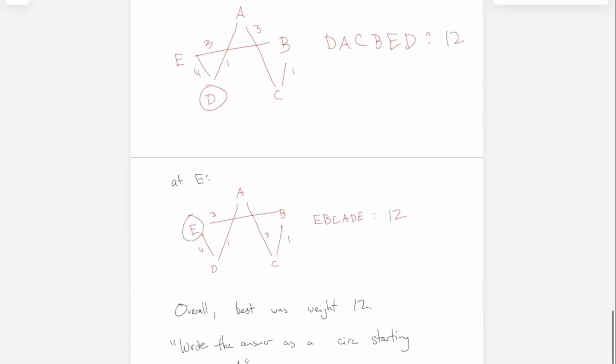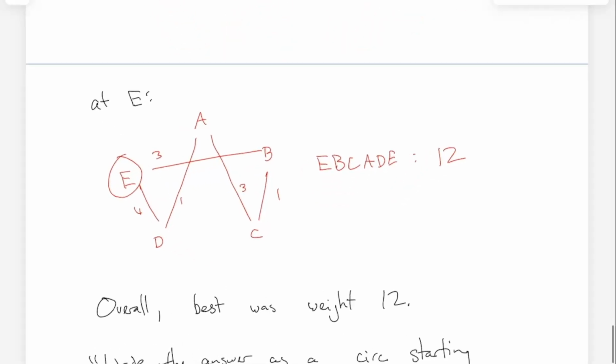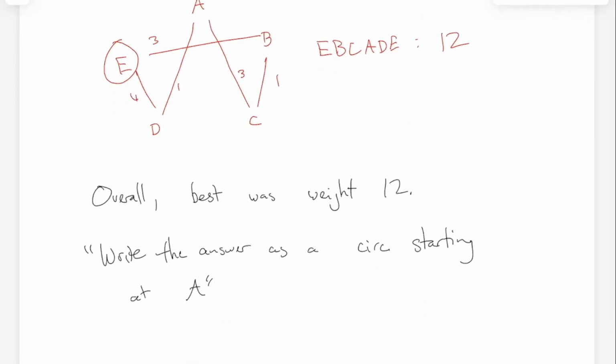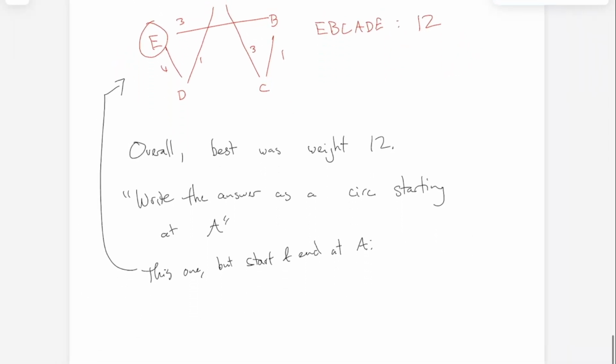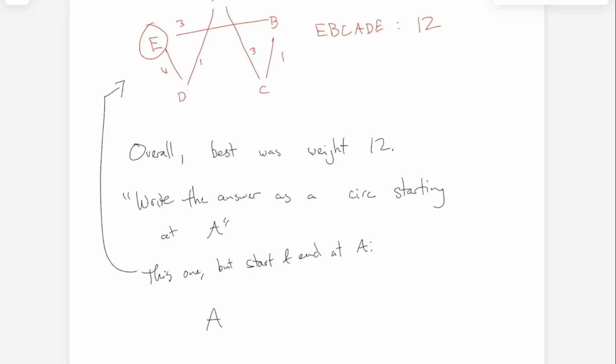And so I am going to write this particular path as a circuit starting and ending at A. So writing this one, but start and end at A. That would look like A. Now there's kind of 2 ways around. You could go A to C first and around that way, or you could go A to D first and around that way, and it doesn't matter.